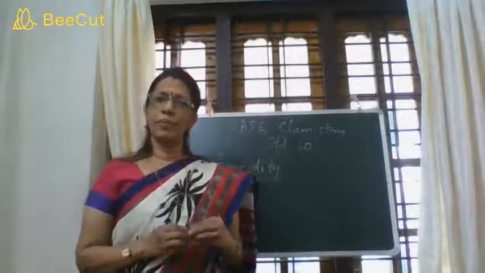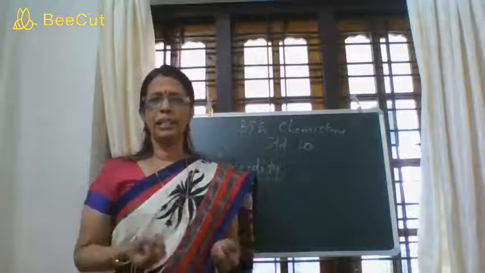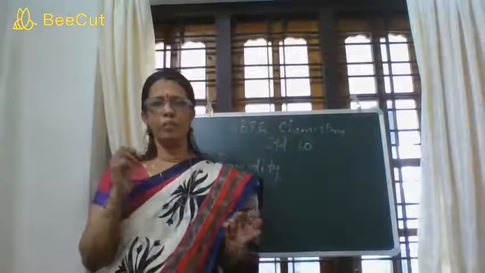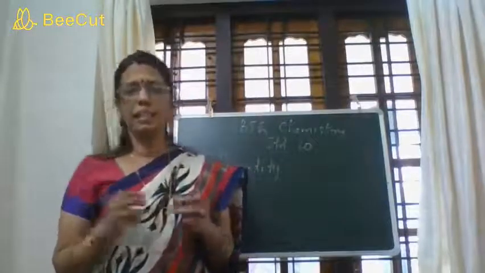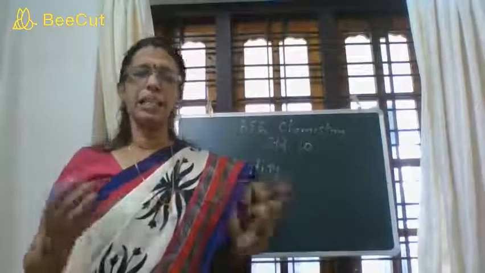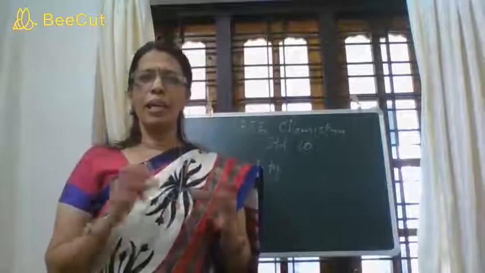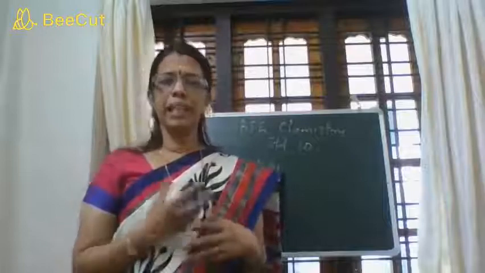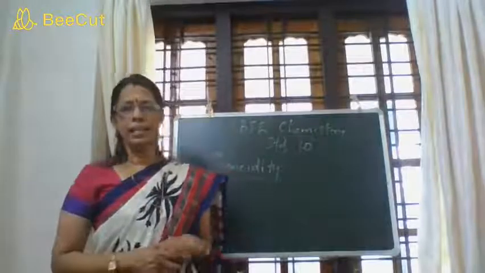But when we keep some fried items like chips outside, then after one or two days, when we taste it, it will become rancid. That is the chemical word used. There is a change in the taste, and that is due to the oxidation taking place here.